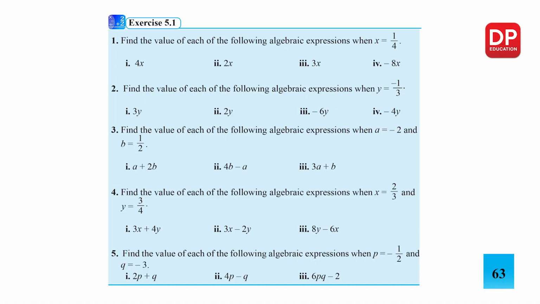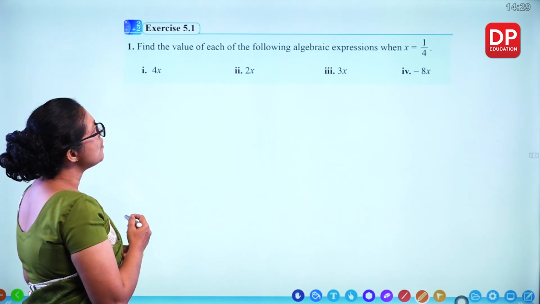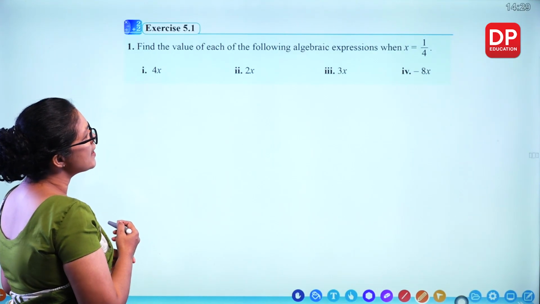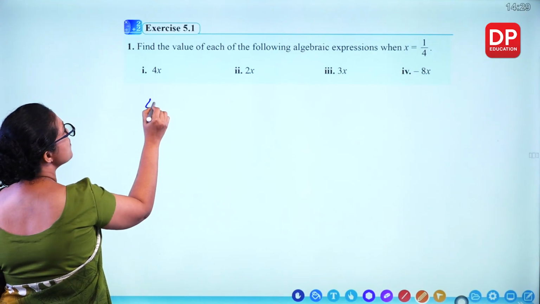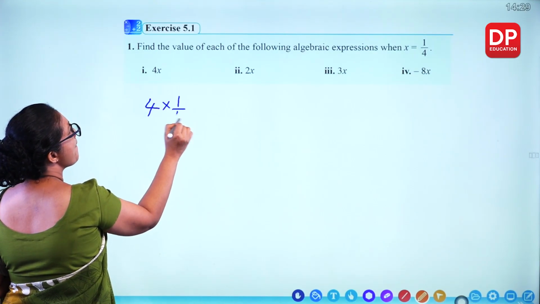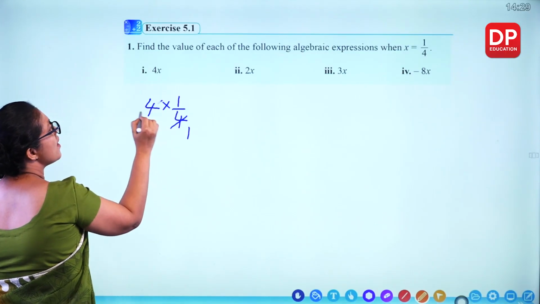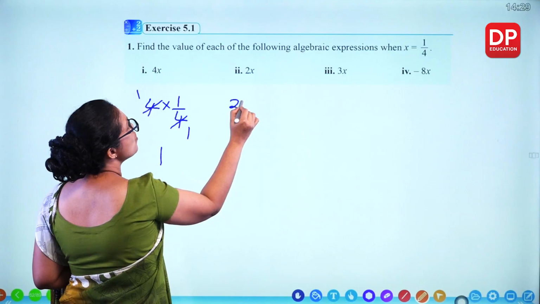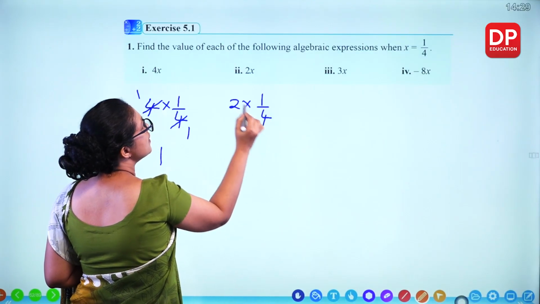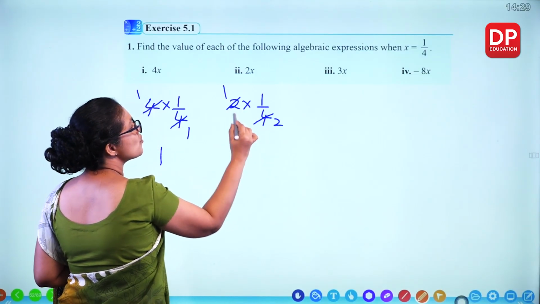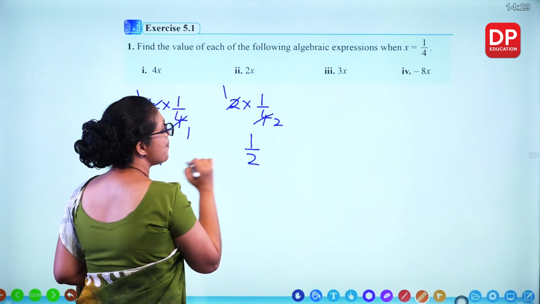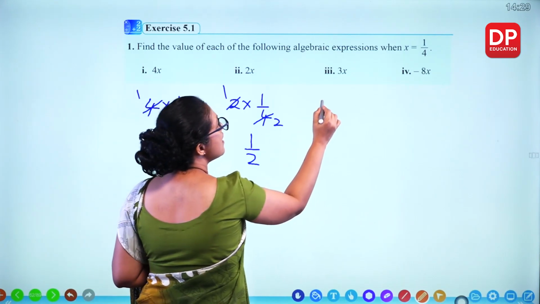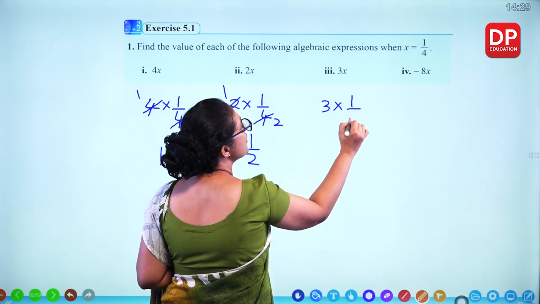Exercise 5.1. Find the value of each of the following algebraic expressions when x equals 1/4. Substitute 1/4 for x. 4 times 1, 4 times 1. So 1 times 1, 1. 2 times 1/4. 2 times 1, 2 times 2. So you get half there. 3x. 3 times 1/4.